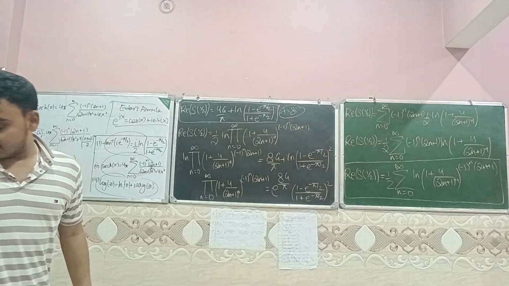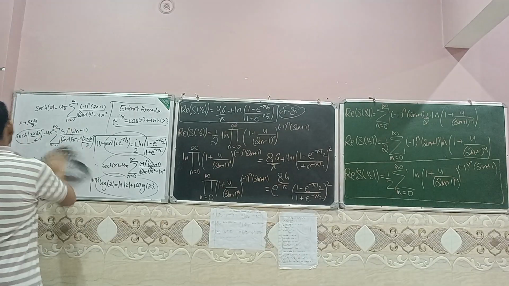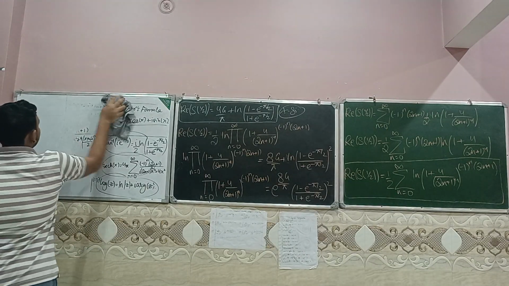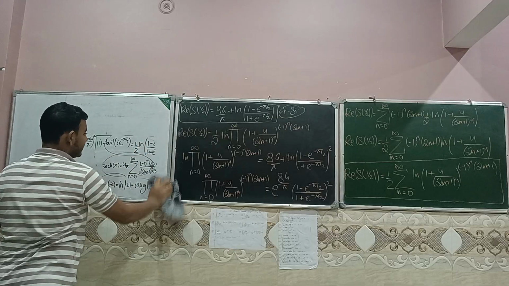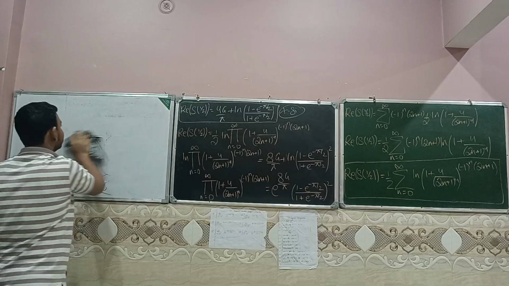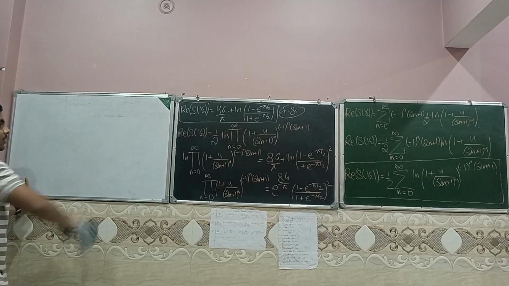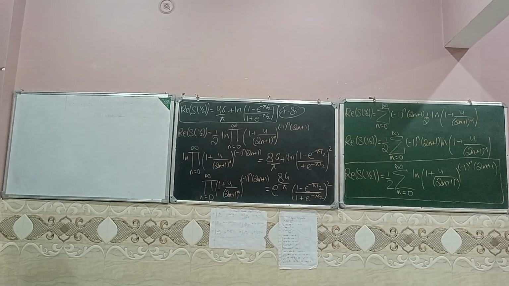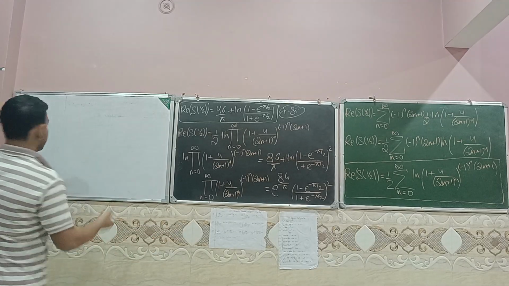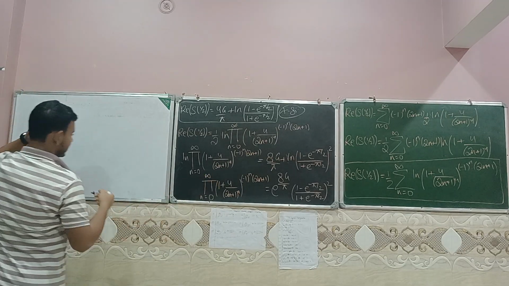Let me write it down for you guys on this board. And again, if you have any doubt in any step, you are free to ask in the comment section. Just use the timestamp and let me know where you are having doubt. I'll make sure that I clear your doubts. So I'm just repeating that step.